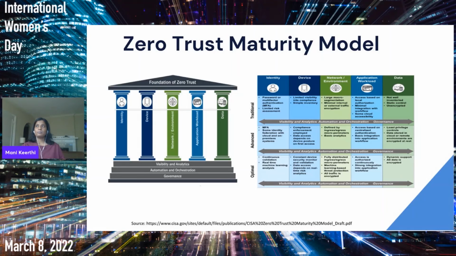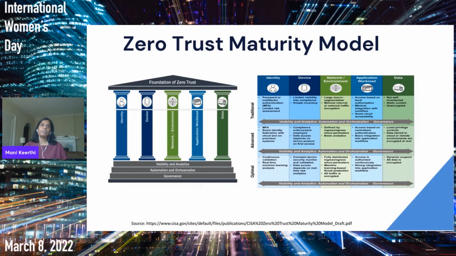Traditional is more manual configurations and assignment of attributes. It could be static security policies and manual incident response and mitigation deployment. Advanced is centralized visibility, centralized identity control, some least privilege changes based on posture assessments.